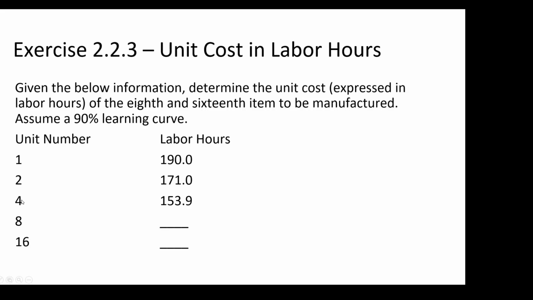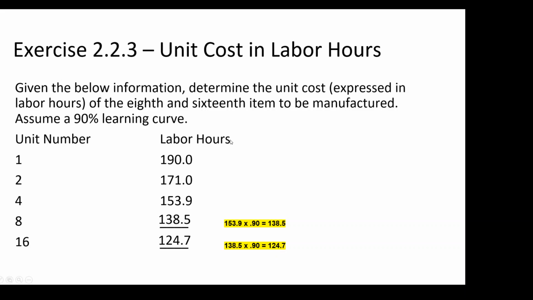From unit 4 to unit 8, you take that 153.9, multiply times the 90%, which as a decimal is 0.90, and it'll give you 138.5. Then you take that 138.5 times the learning curve of 90%, 138.5 times 0.90 will give you 124.7 for the 16th unit.